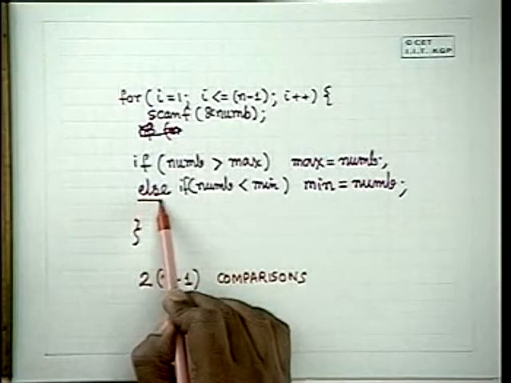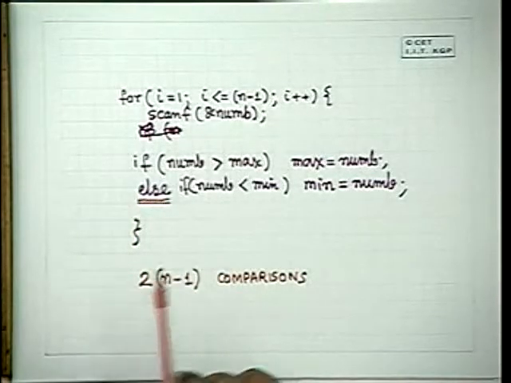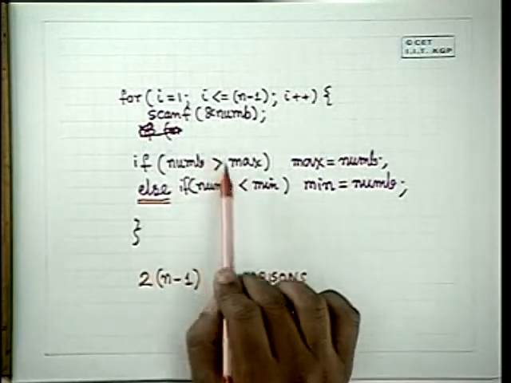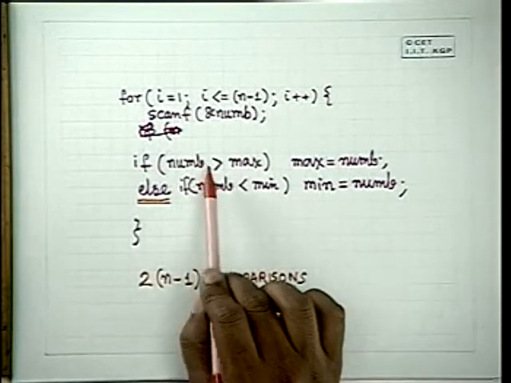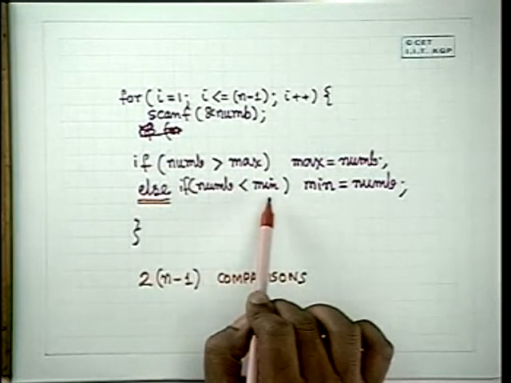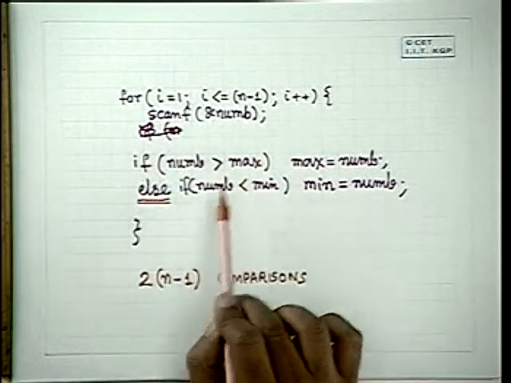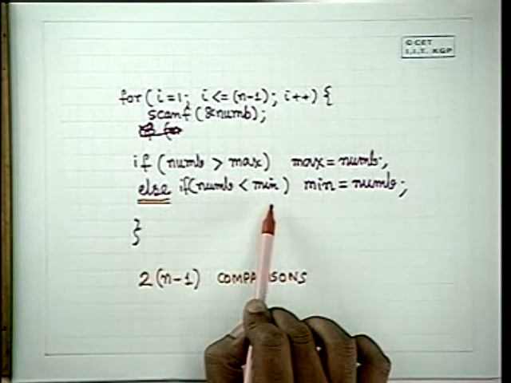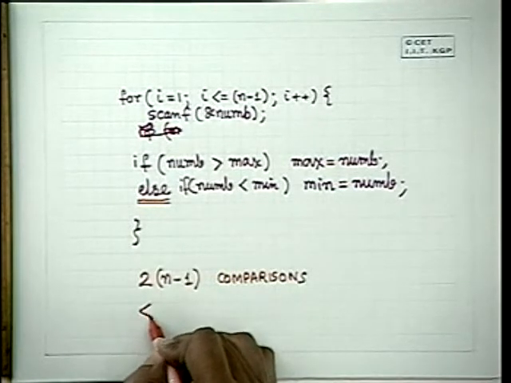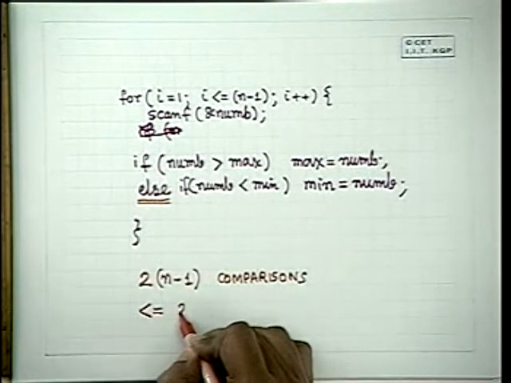Now let us take this. When we put this else, then we did not always make both the comparisons inside the loop. What we did was, if this comparison turned out to be true, we did not make this. But if this turned out to be false, only then we made it. Therefore, what we made was less than or equal to the previous one.